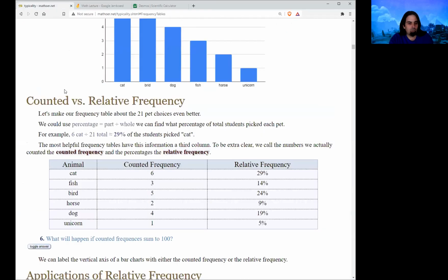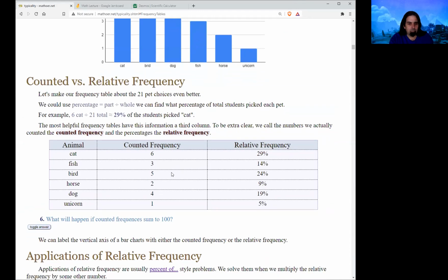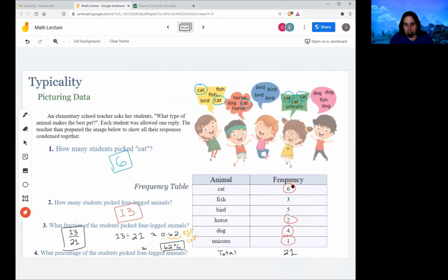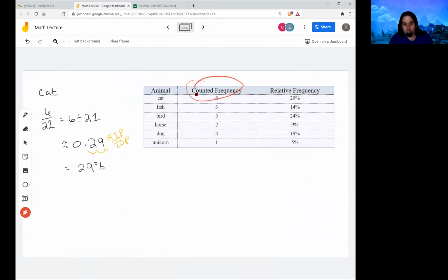So this is called a frequency chart. It doesn't get its own special name, but it now has 3 columns because we've put in an extra column with the percentages. And before we just said frequency, but now we want to be a little clearer. Is this the counted frequency?